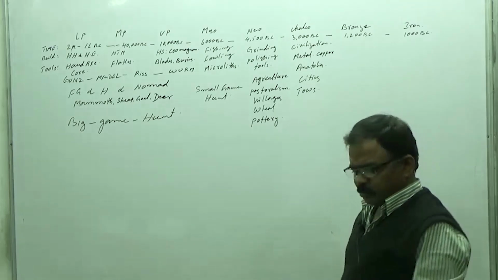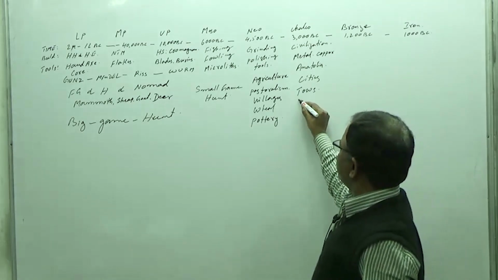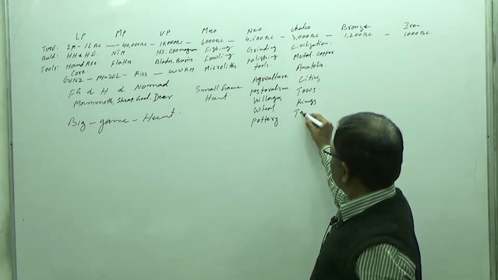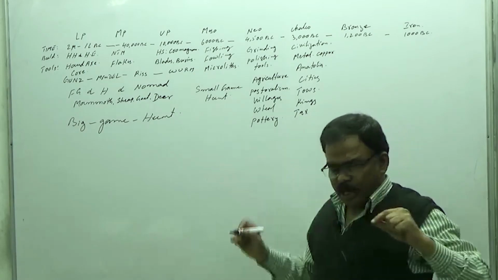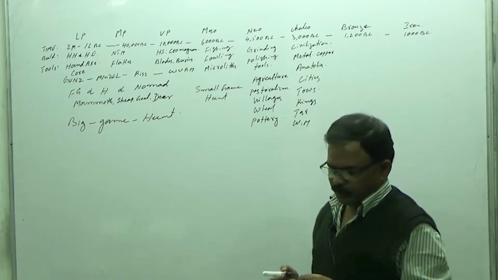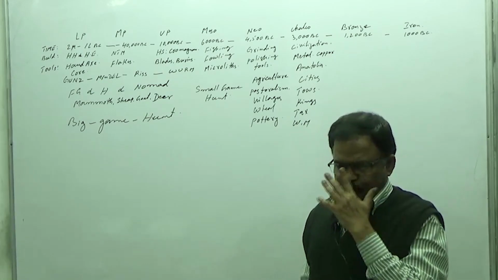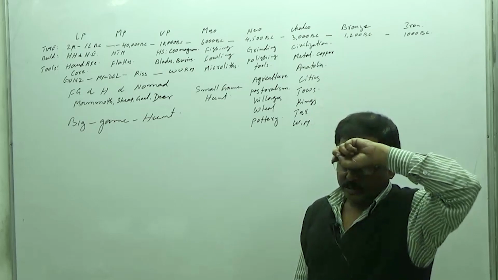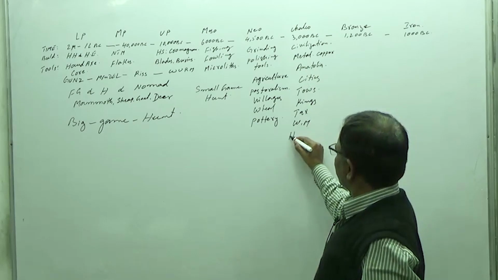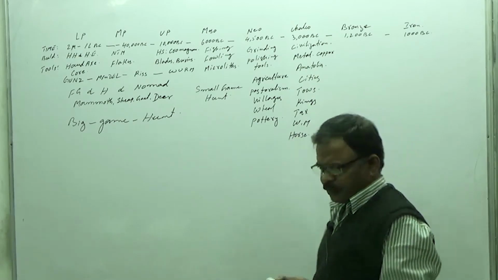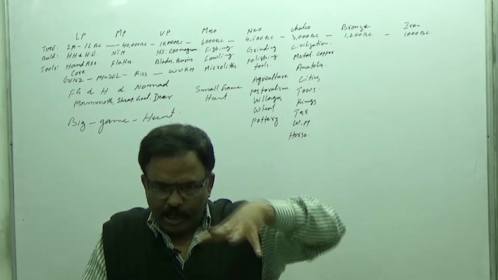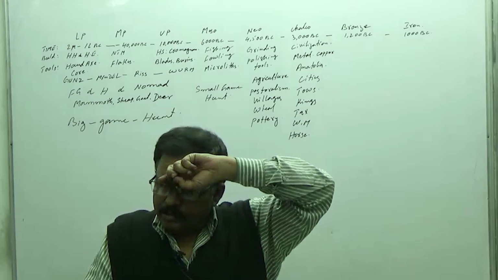Cities, towns, kings, kingdoms, taxation, to impose tax, to collect revenue, weights and measurements. Standardized weights and measurements. Then the use of the horse. That means society gradually became complex.